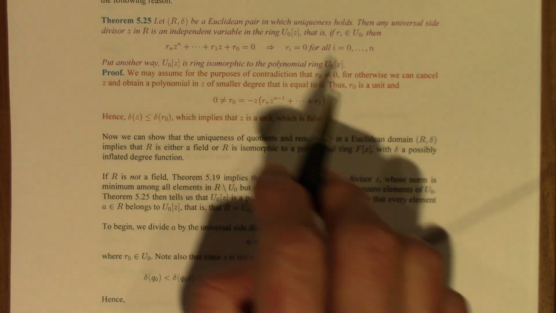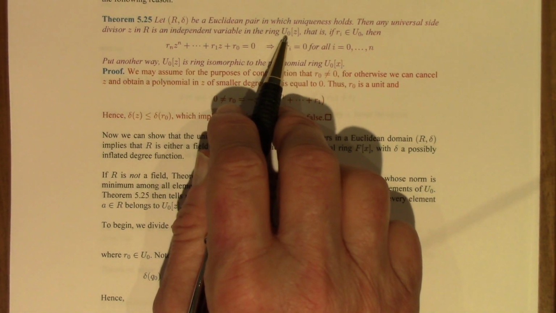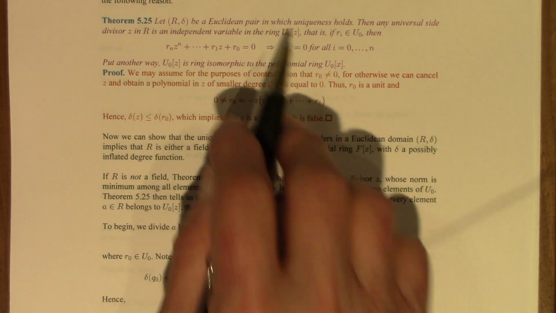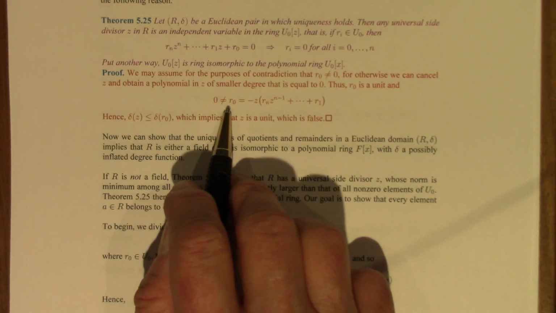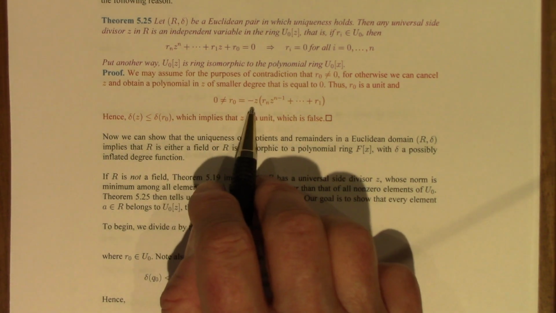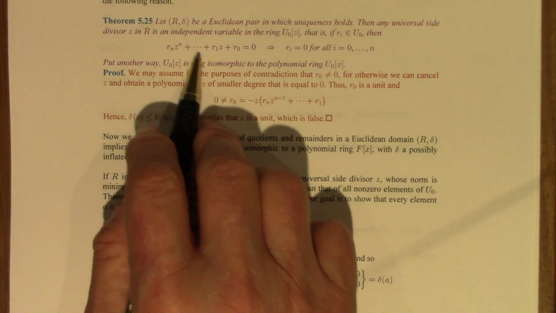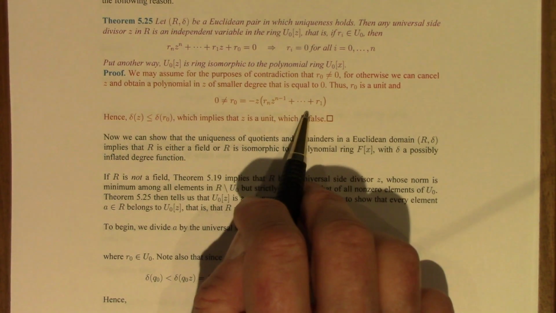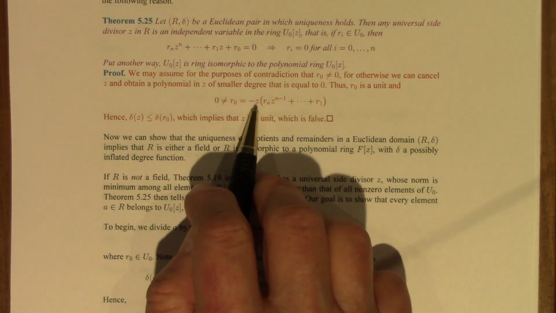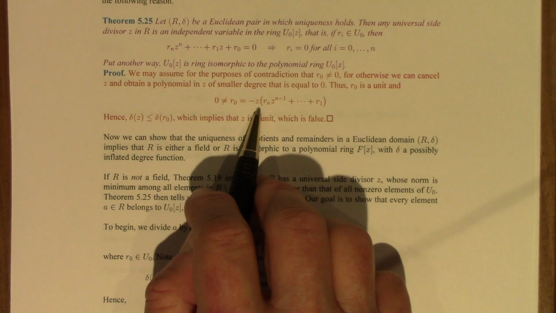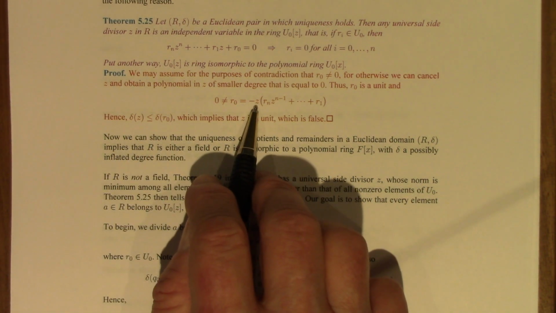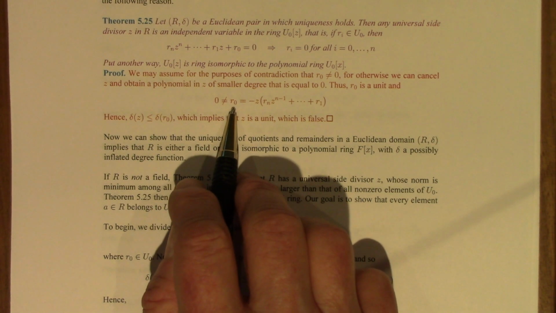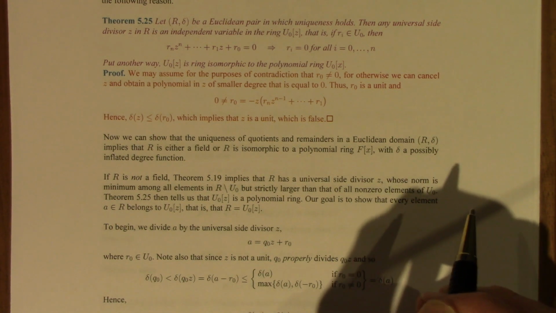So R0, which belongs to U0, if it's not 0, must be a unit. So R0 is not 0, but it is equal to this when we move everything else to the other side of the equal sign. And that tells us that the norm of Z is less than or equal to the norm of R0, which implies that Z is a unit.